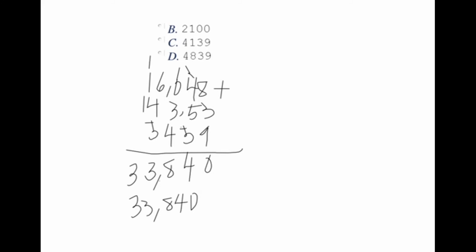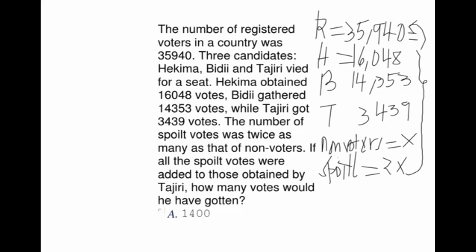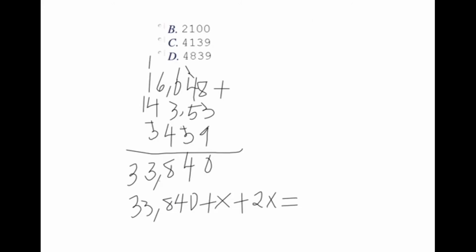Then we add the non-voters, those who did not vote, which is X, plus the spoiled, which is 2X. All this should give us 35,940.